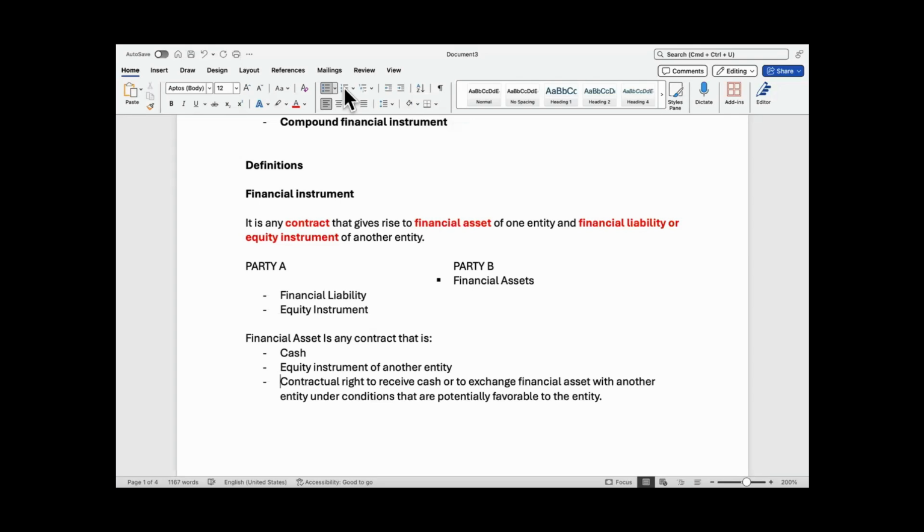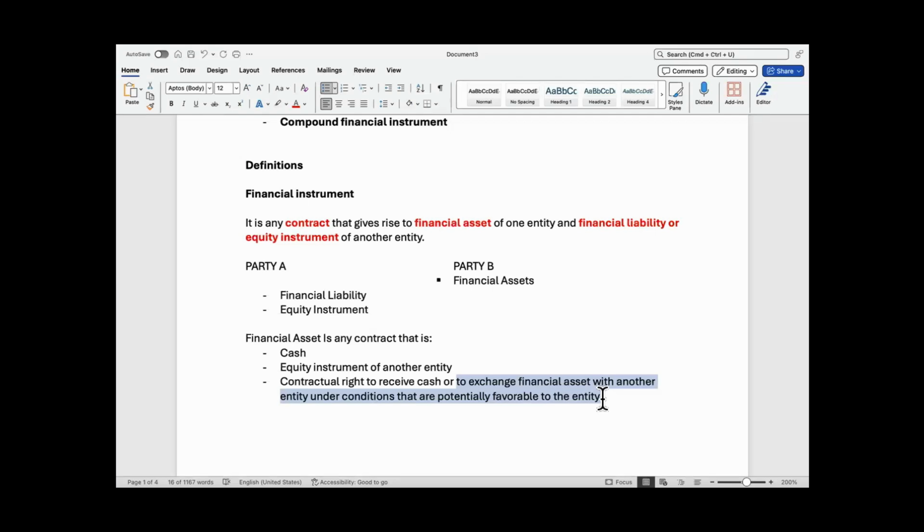Now, when you understand that very well, then this one, you will be able to tinker this one out. I won't really emphasize so much on this today. It's a story for probably next week, or maybe along the line as we give more examples. But to read it out, it says, you also have financial assets when you exchange one financial asset with another, under conditions that are favorable to you.